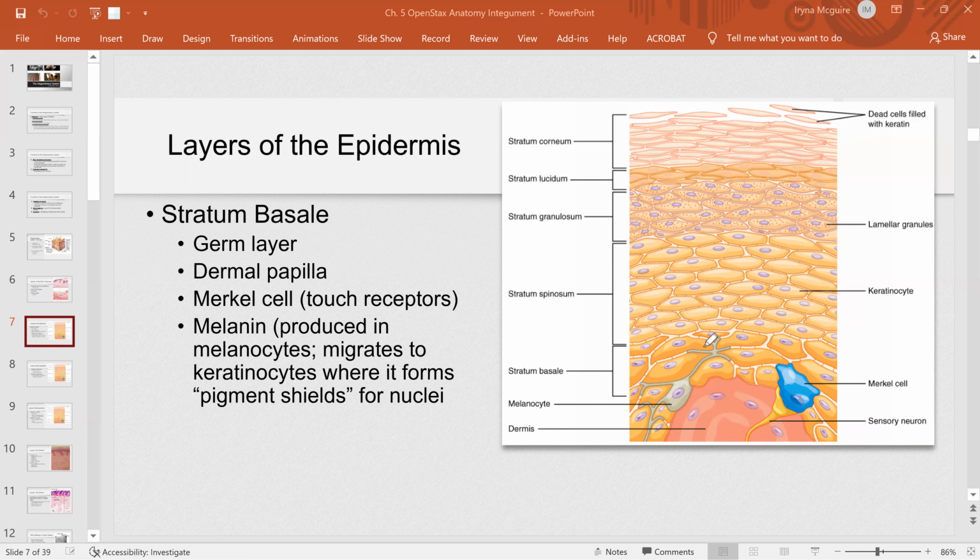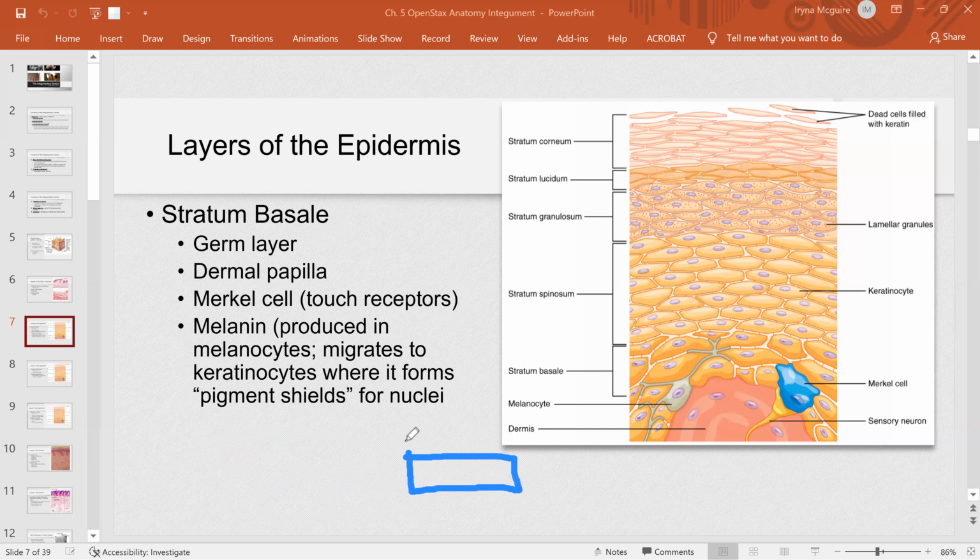Now, underneath the epidermis, you have dermis. If I draw dermis, I would have it like this, and epidermis would be here on the top. Now, these little hills of the dermis are called dermal papillae. So that's a dermal papilla.